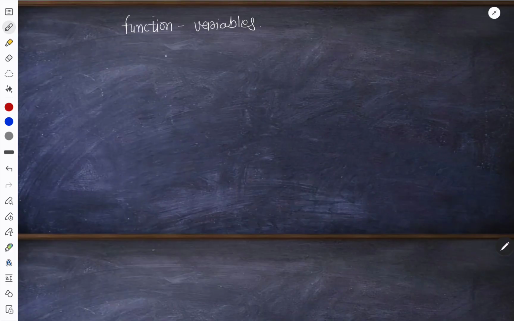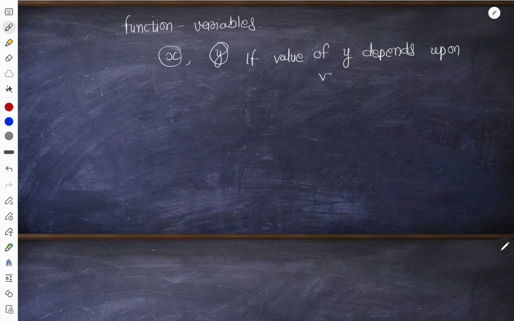When you have x and y, if the value of y depends upon the value of x, and the value of x is independent.